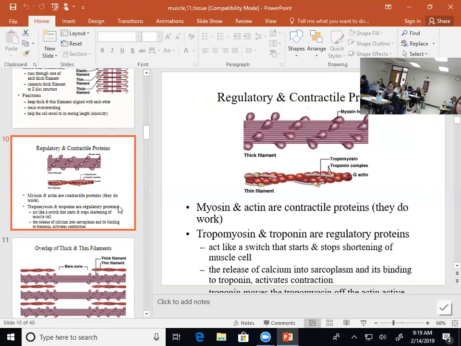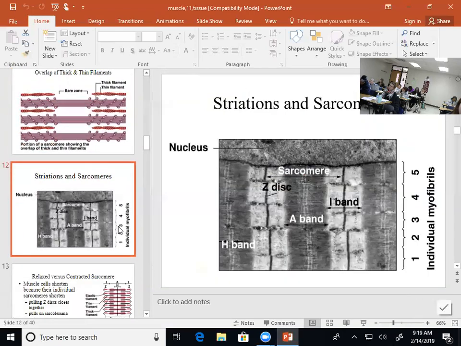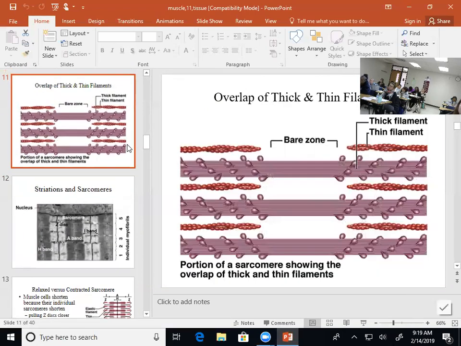Okay, so I had introduced this a little bit to you. Here's an illustration where they're not contracted yet, so you have this space. But when they start forming the cross bridges, this space is going to become much shorter, isn't it? Pulling the entire fiber to contract.